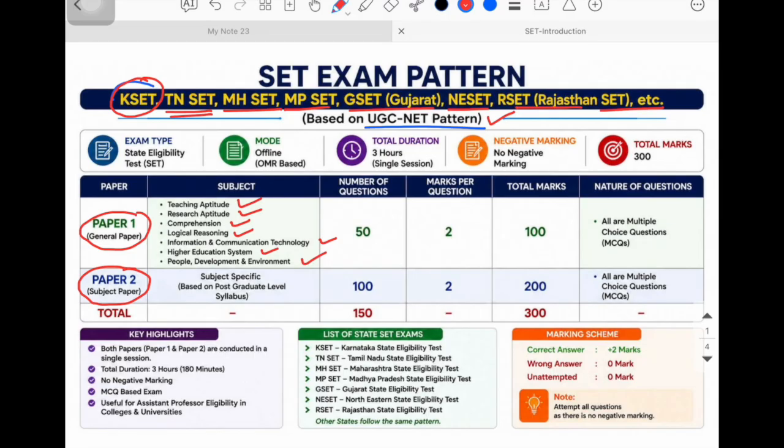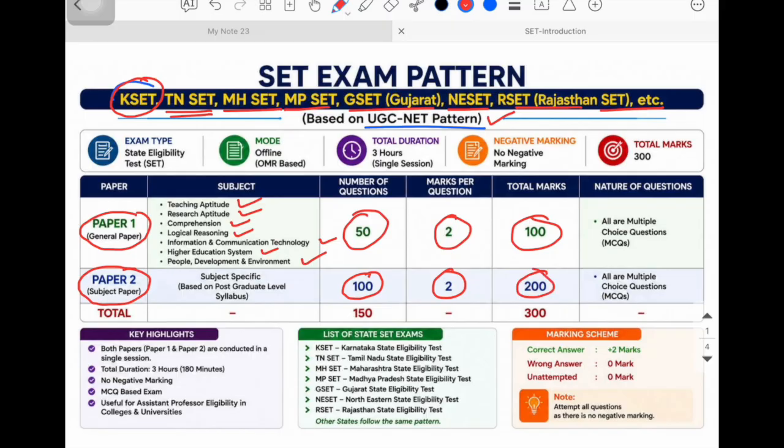In every state, the question pattern is identical. Paper 1 has 50 questions, and each question has 2 mark, so the total mark from paper 1 is 100. Similarly, paper 2 has 100 questions, and each question has 2 mark, and the total mark is 200.